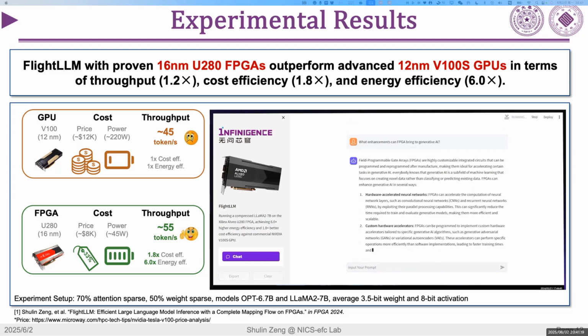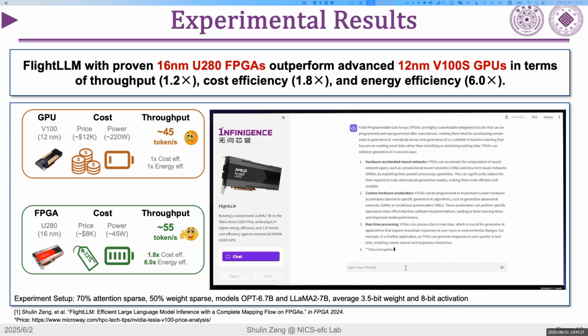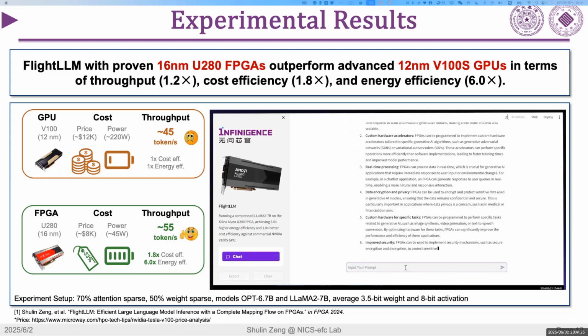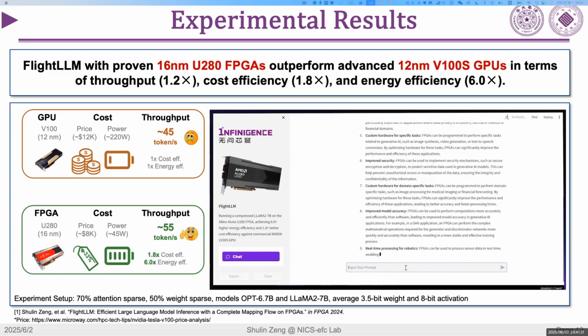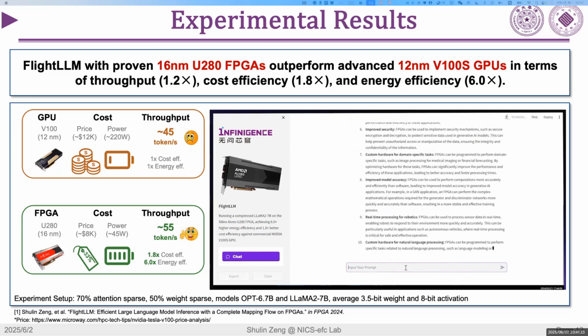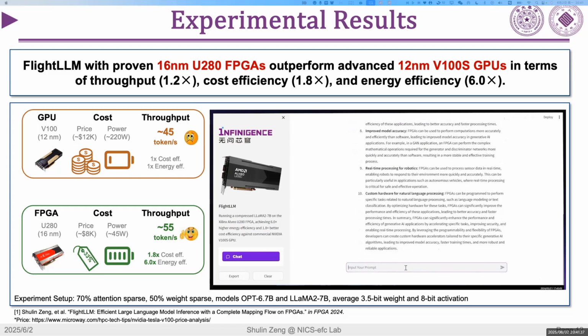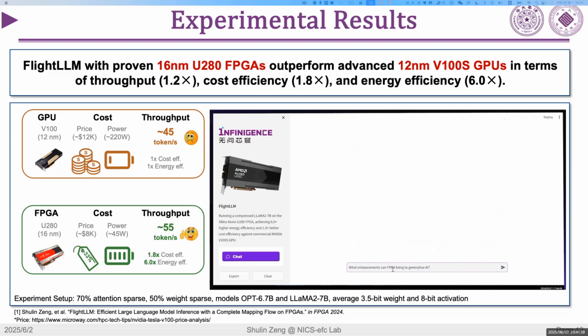Basically the inference speed is about 50 to 55 tokens per second. And since the FPGA has lower power, we can achieve six times higher energy efficiency than the GPUs.